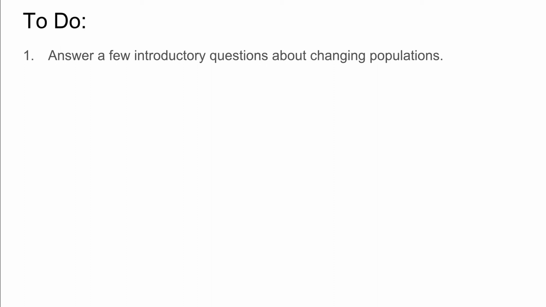What should you do now to build your skills and understanding of these concepts? First, answer a few introductory questions about changing populations. Remember that every level here is connected to our overall project of understanding population change, so this is going to get you in that frame of mind. Next, you're going to have the chance to build skills using 2 tools. The first is some videos I've put on a website called Edpuzzle.